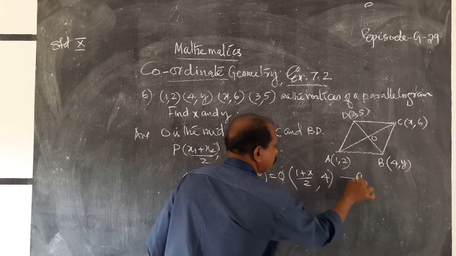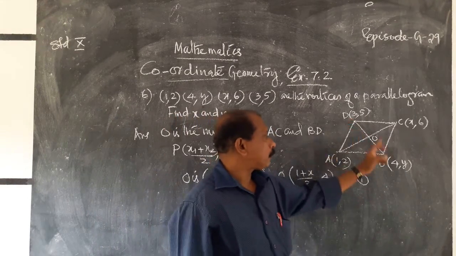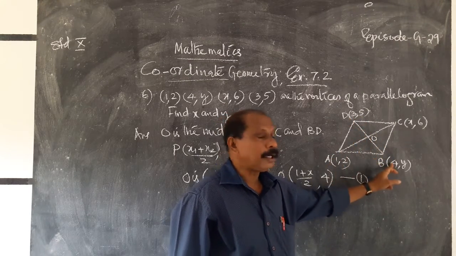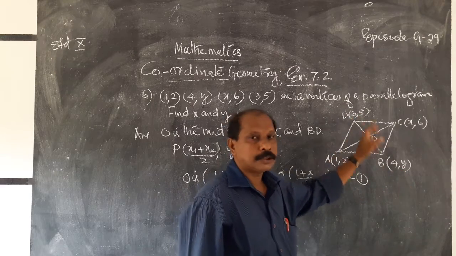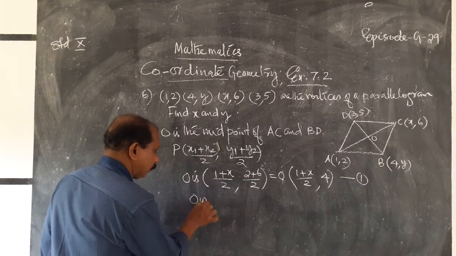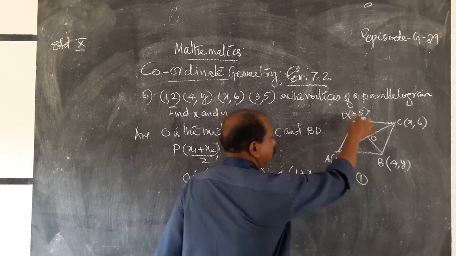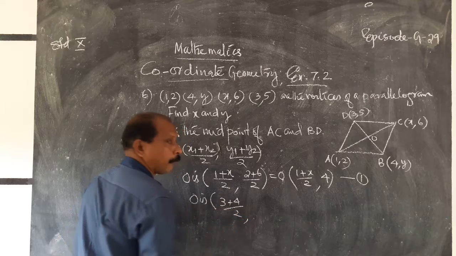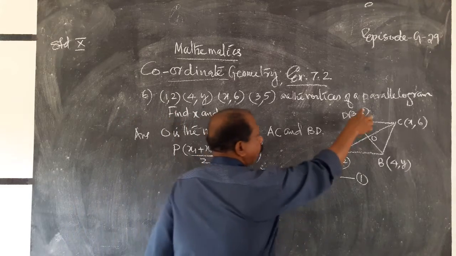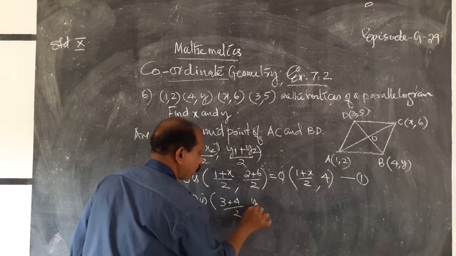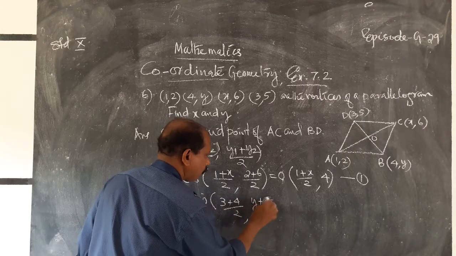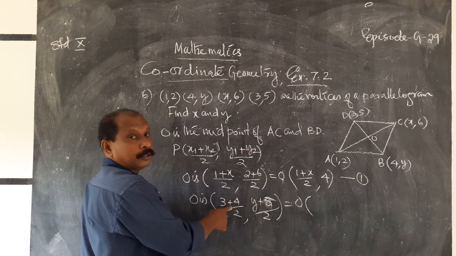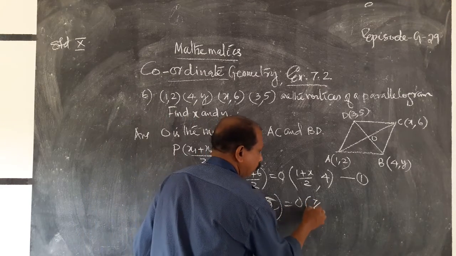This is one equation. Similarly, O is the midpoint of BD. Therefore, for BD, B is (x1, y1) and D is (x2, y2). And O is ((3 plus 4) by 2, (5 plus y) by 2). 3 plus 4 is 7, so 7 by 2, that is 3.5.